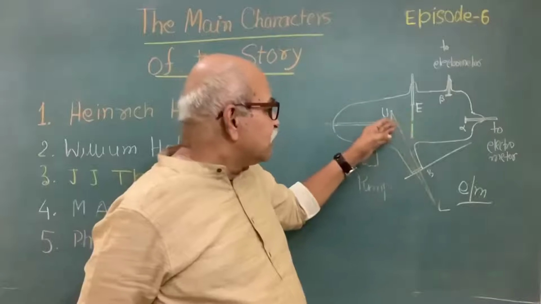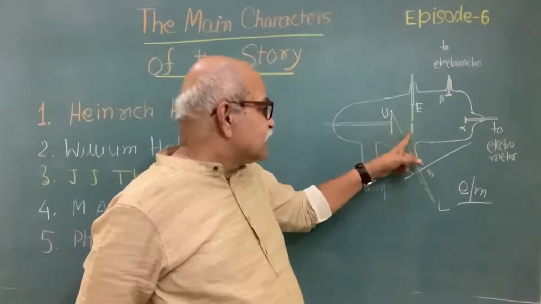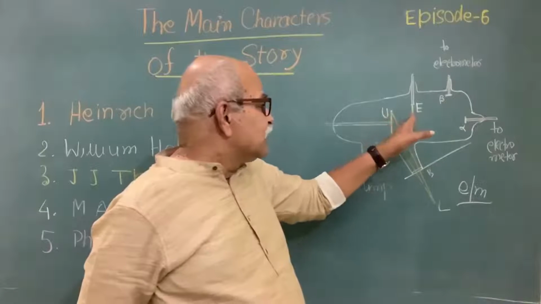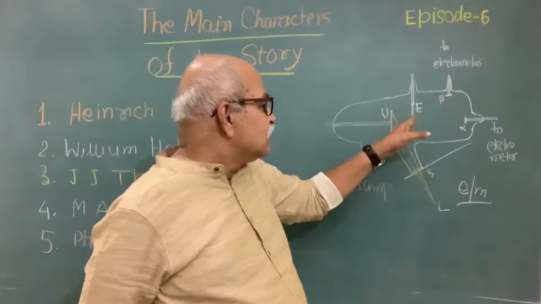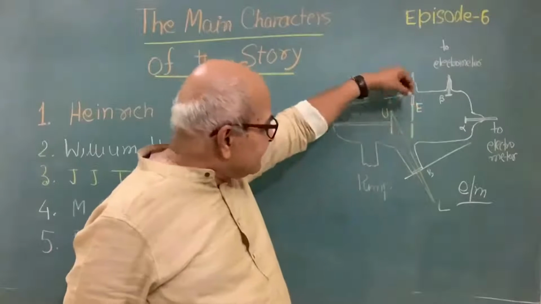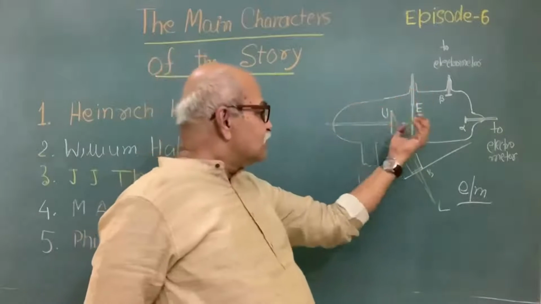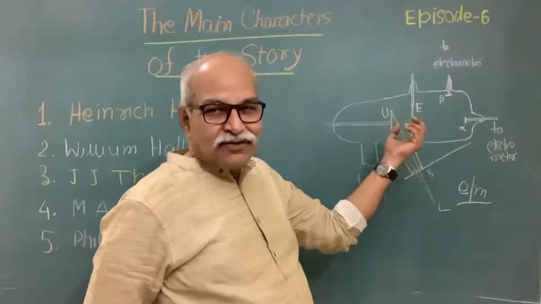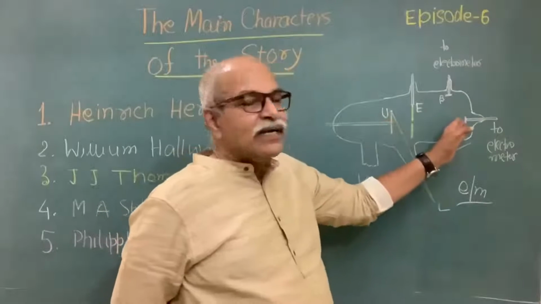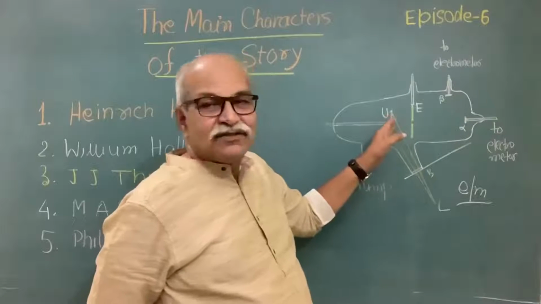Negative particles are coming in, and therefore if you put a negative voltage here as compared to this, with reference to U, then this charge will be repelled, and if you increase that negative voltage in magnitude, then this repulsion will be stronger and stronger, and at a certain stage you find that there is no current reaching here. The entire thing which is emitted from here is going back.